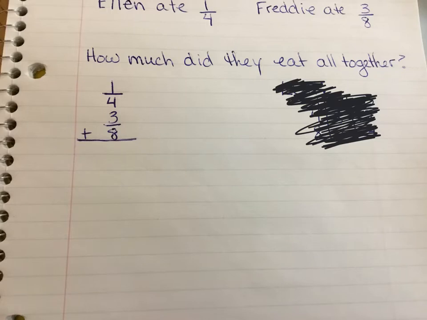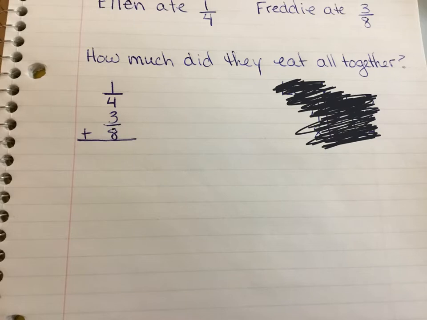If you are struggling to see it written up and down, after we get our LCM and our new denominator, then you can write it out long ways if you'd like. That's totally up to you.